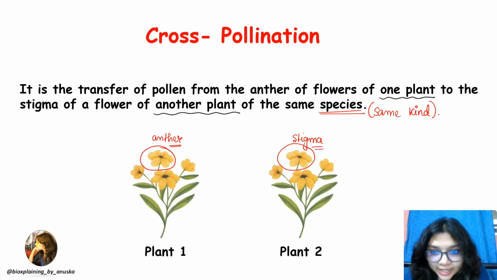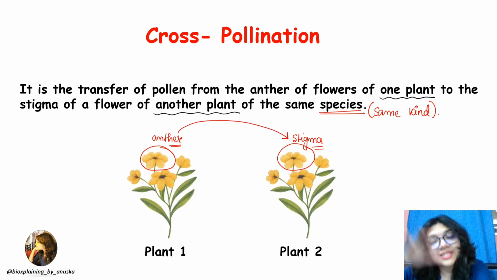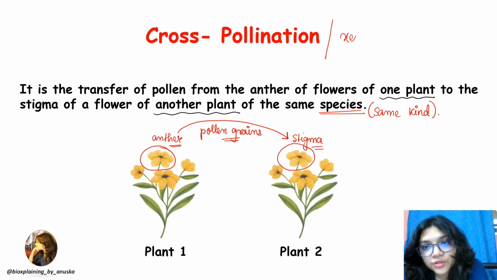So cross-pollination refers to the fact that from one plant, the pollen grains are transferred to another flower which is placed in a separate plant, and both of the plants should belong to the same species. So this is what you call cross-pollination, or there are other terms used. One is xenogamy, or we can also call this allogamy.